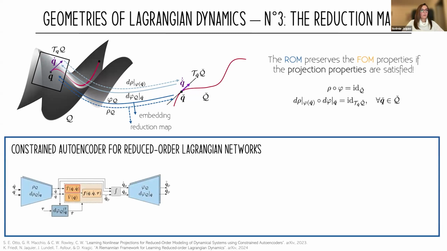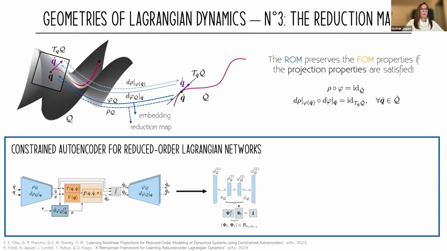If we satisfy those properties, we can have an autoencoder structure where an encoder maps points from the high dimensional configuration space to the low dimensional configuration space. There we can predict dynamics. And once we have the predicted position and velocity, we can map that back onto the original high dimensional system via the embedding.